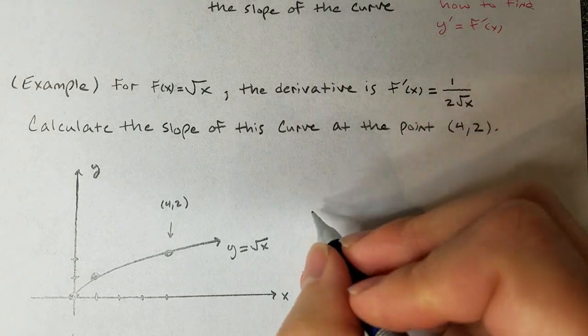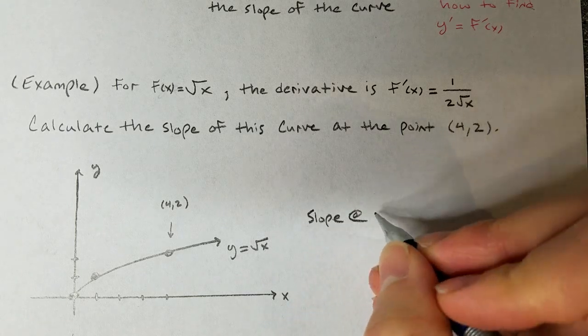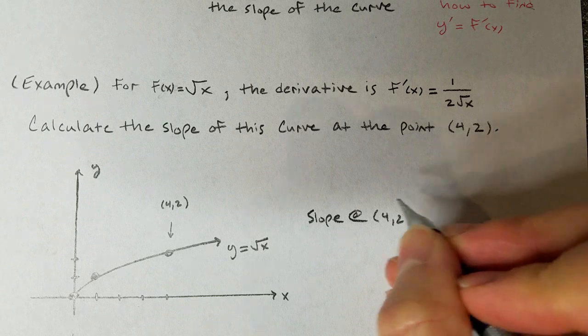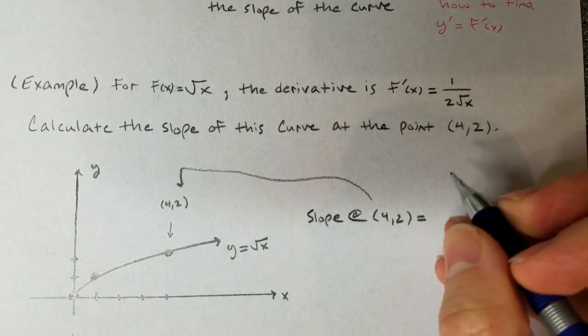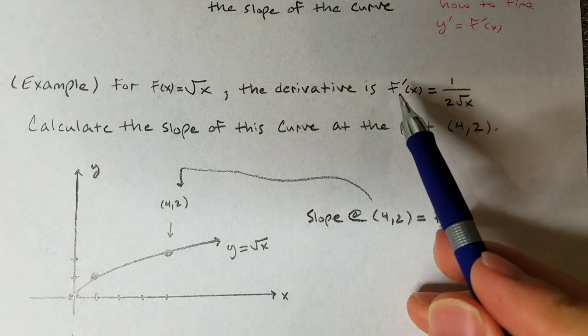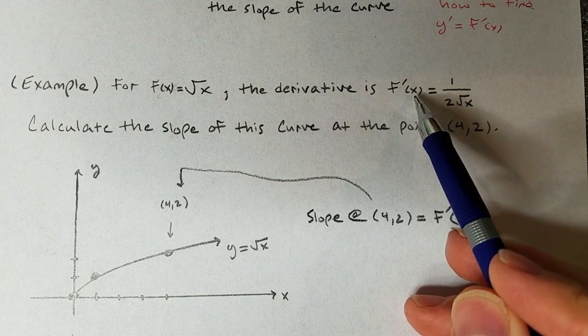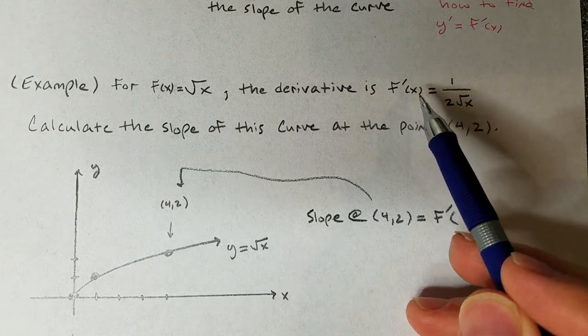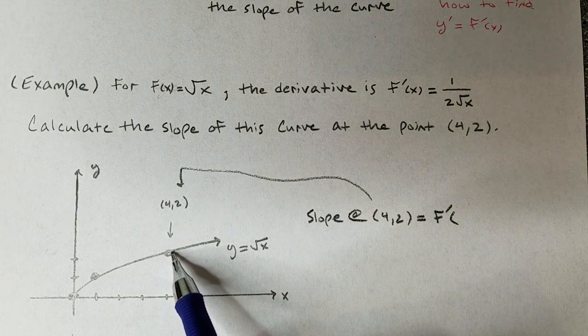So we could say something like this. The slope at the point 4, 2, which you're looking at right there, is equal to f prime, and what's the input for the derivative? See how it says f prime of x? What are you supposed to plug into that? Well, x. You take the x coordinate of the point that you want to know the slope at.